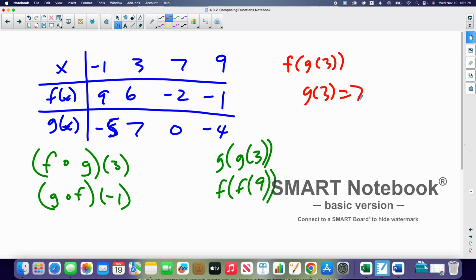So then you plug in this value into the function that's inside f of x. So this is equal to f of 7. And if we look at where 7 is in the x table, we go down to f of x, we see that f of 7 equals -2. So this equals -2. Very nice. Good. That was number 2.